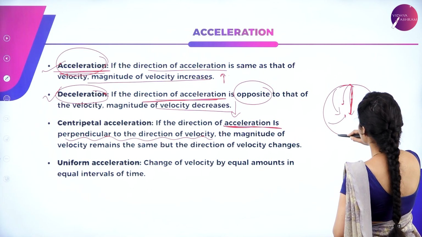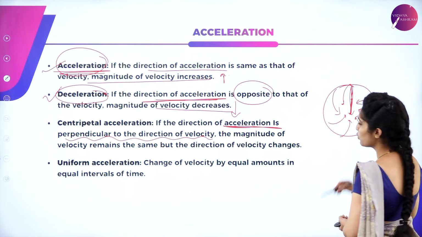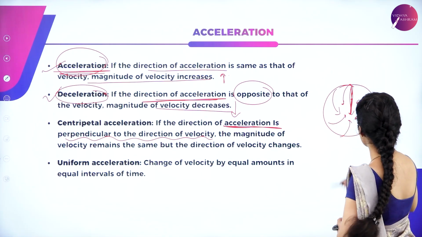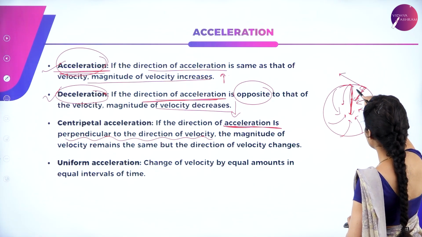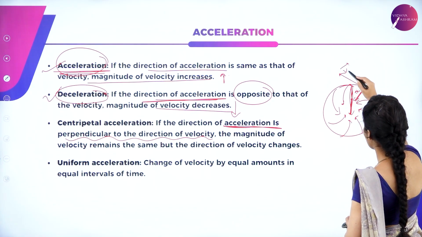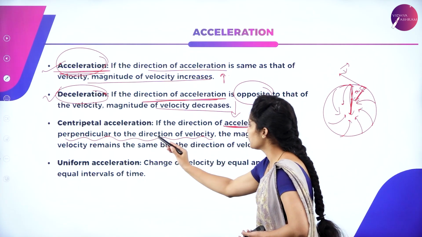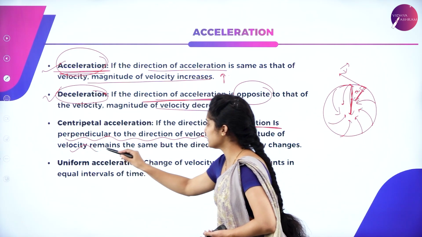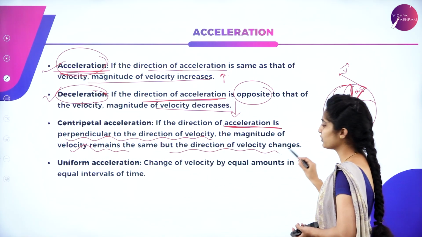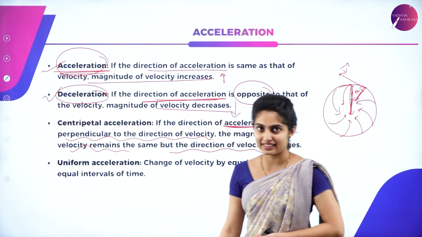Whenever an object is allowed to rotate, it will have a force which is called a centripetal force, and the direction of acceleration is perpendicular to the velocity. This is velocity, this is the direction of acceleration, so it is perpendicular to the direction of velocity. Then the magnitude of the velocity remains the same, but the direction of the velocity changes. This is what is called centripetal acceleration.